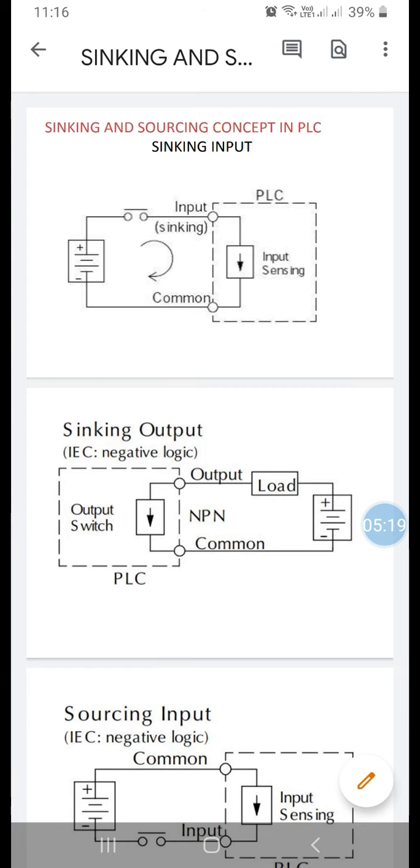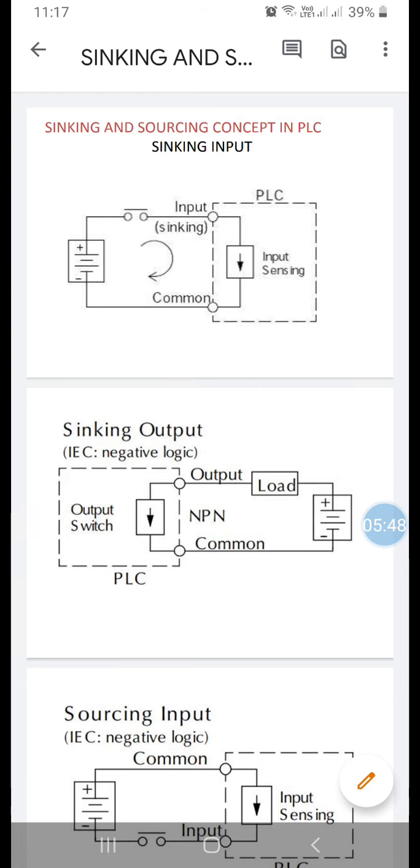So always start at the PLC input terminal, follow through the input sensing circuit, exit at the common terminal, and then connect the supply negative to the common terminal. Got it? By adding the switch between the supply positive and the input, the circuit will be completed.